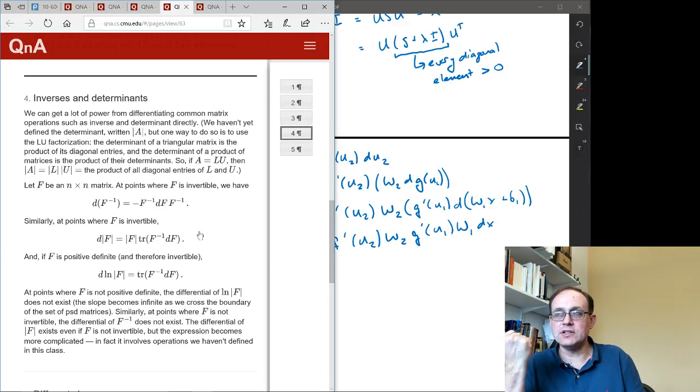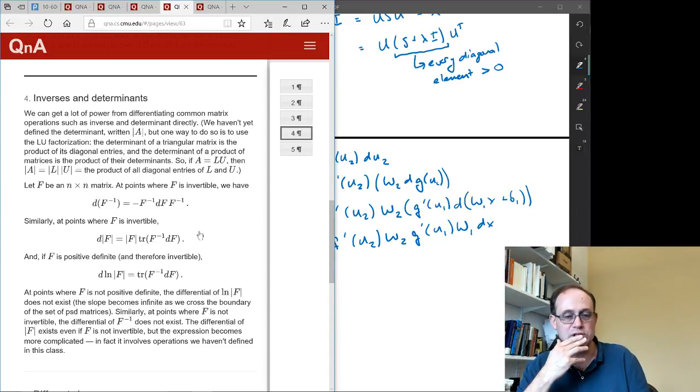We haven't described it before. There's a lot of different ways to define it, but one way is, if you want the determinant of a matrix A, you take the LU factorization of A, and you take the product of all of the diagonal elements of L and U. Not clear immediately why that's an important operation, but for example, it shows up in the likelihood function for a Gaussian distribution.